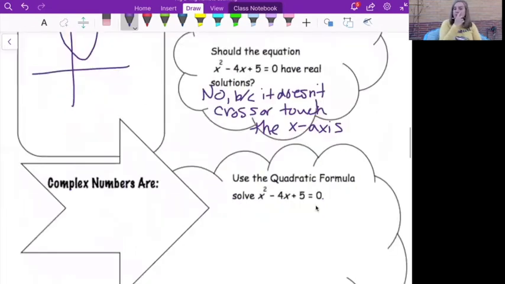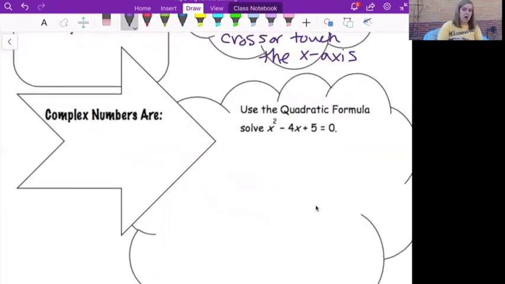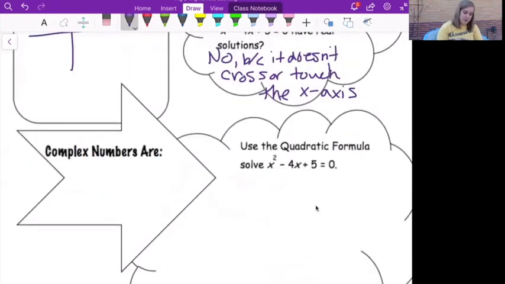As I mentioned before, complex numbers are more like what we're going to be saying instead of imaginary numbers, but complex numbers are a plus bi, where the a is our real part, and the bi is the imaginary part.